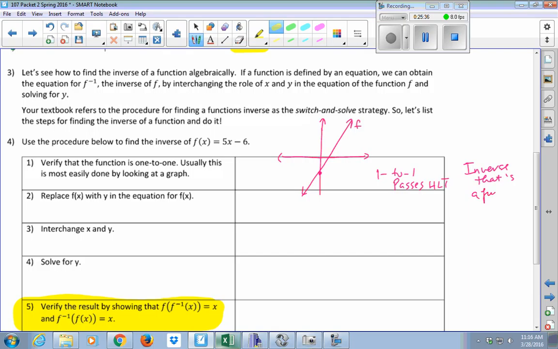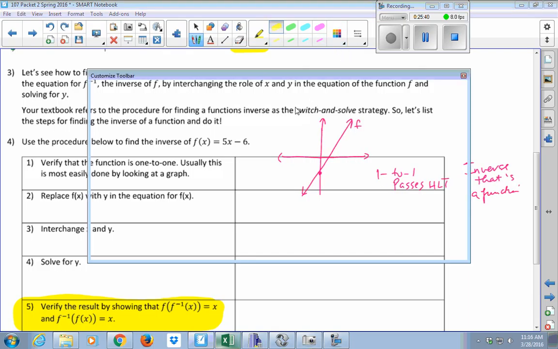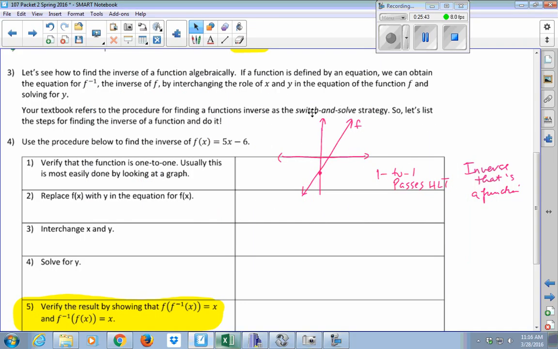So now we want to find it. Okay. Well, your book uses this strategy called switch and solve. Okay, switch and solve. That's what they call it. And we're going to start off by replacing f of x with y. That's our first thing. And since we know the domains and the ranges change spots, we're going to swap the x with the y. So we're now going to call this x equals 5y minus 6.